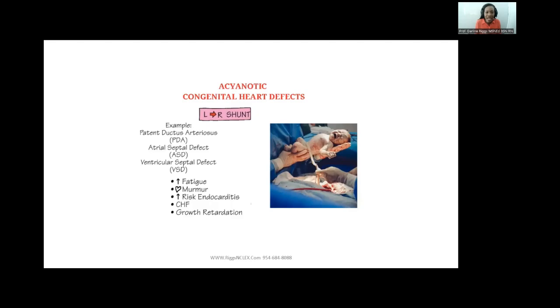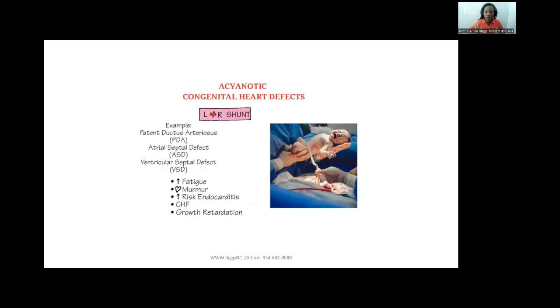So the acyanotic problems are what we call left to right shunt. So remember all that beautiful anatomy I went over earlier. Here's where you need to bring that back to memory. So left to right shunt. On the left side of the heart is red blood, oxygenated blood. To the right side, which is blue blood.